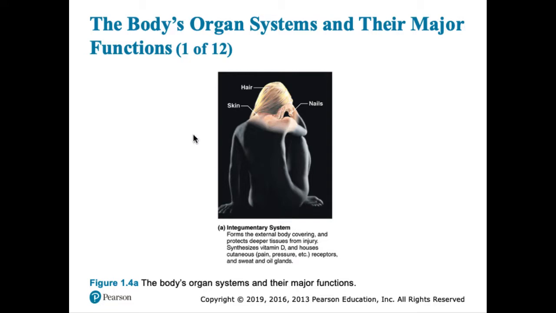Of course, I've mentioned some of this before, but the integumentary system, that's the skin, the hair, the nails, things like that, forms the external body covering. It will protect any deeper tissues from injury. Of course, it's also important in synthesizing vitamin D, and we need vitamin D to help us absorb calcium.